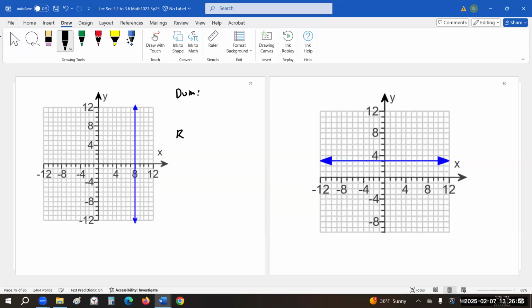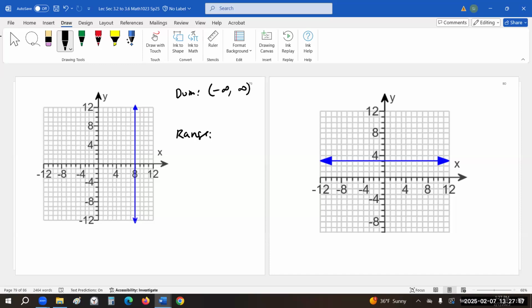Domain and range. Who thinks definitely he or she got the wrong answer for domain? So you think your answer is wrong for domain? Tell me your answer. Negative infinity to positive infinity.